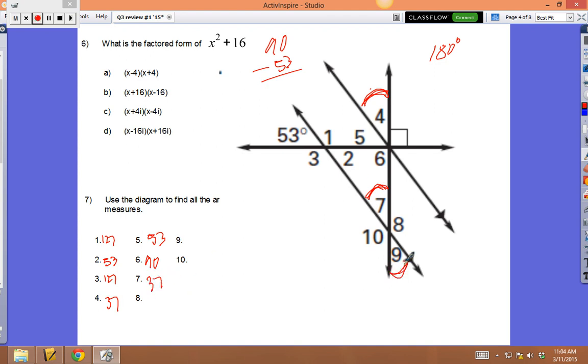And 9 has to be 37 because 9 and 7 are vertical angles. 7 and 8 got to add to give you 180. So if I do 180 minus 37, that's 143. So 8's got to be 143, and 10's got to be 143.